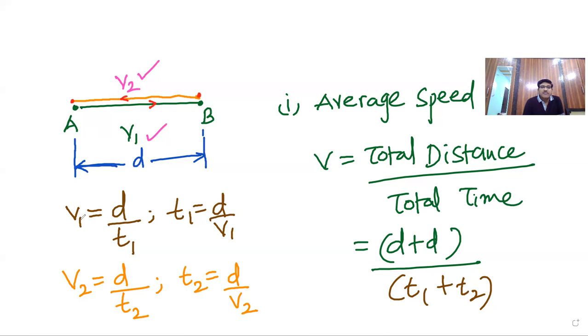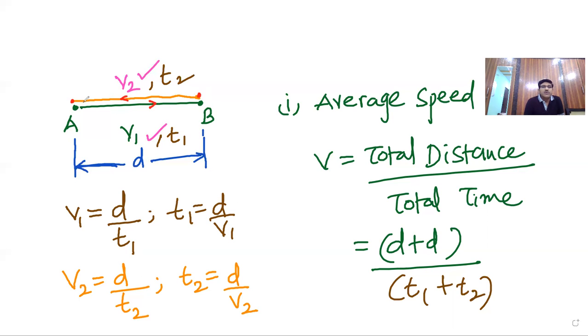Hence, we calculate it by the simple formula, speed is equal to distance by time. So, T1 is the time in this case. Here in this case, T2 is the time. The same distance D is traveled. So, V1 is equal to distance traveled by time T1. T1 is equal to D by V1.